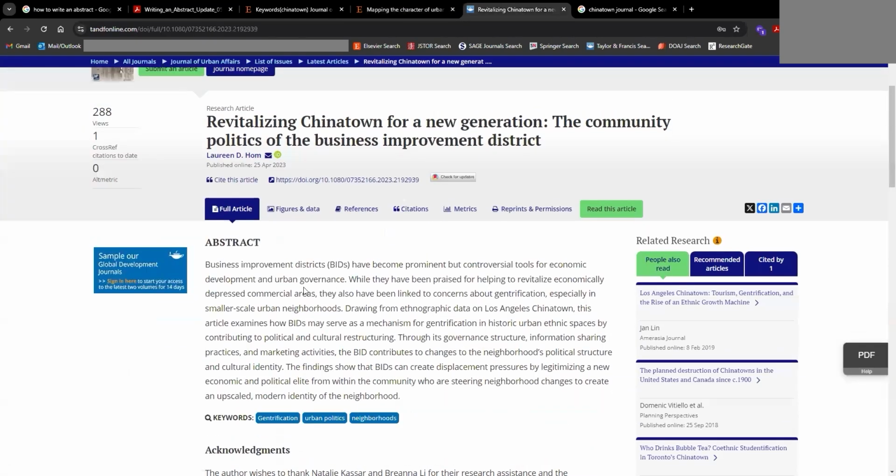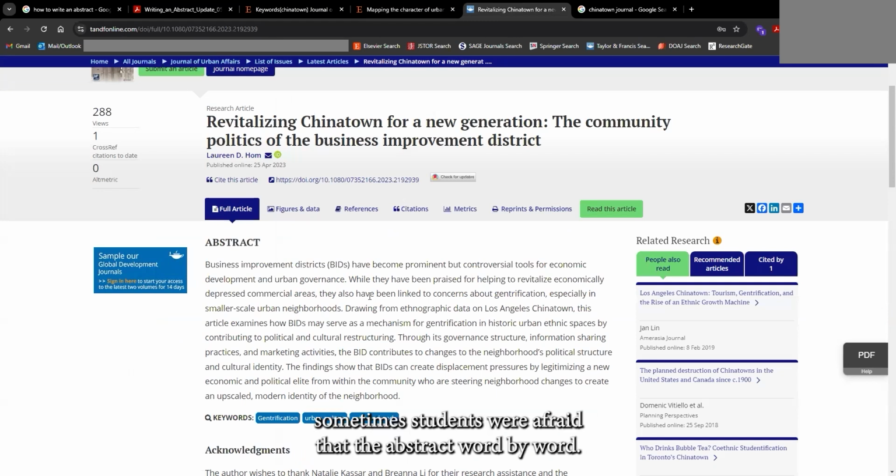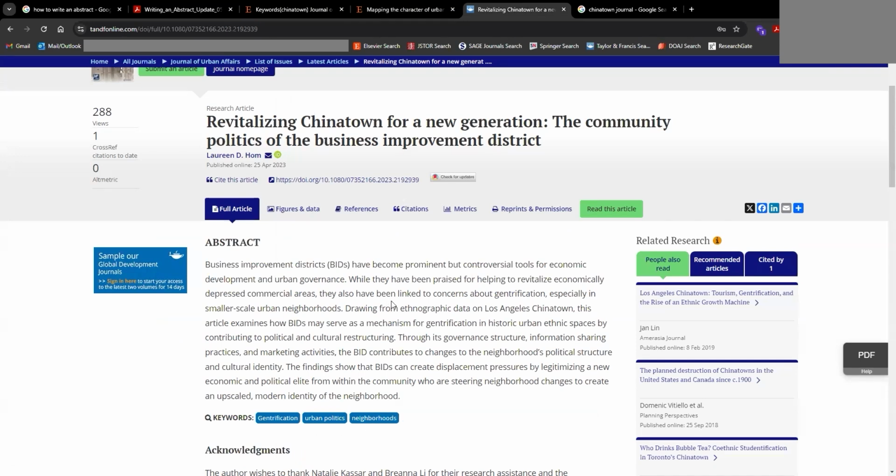Now, very straight away, sometimes students will read the abstract word by word, and it can be really confusing because you may not be very familiar with the field. So remember what I've just mentioned about finding the aim and finding your key methodology. Those should usually be very obvious.